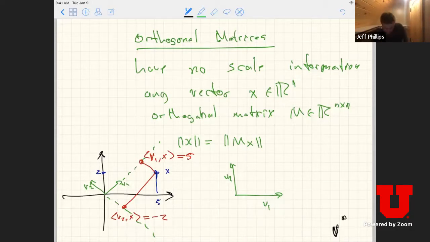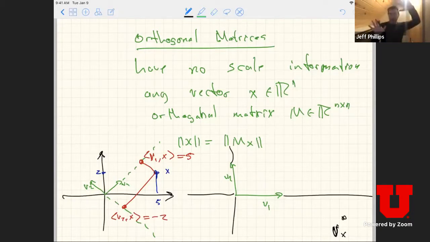So there's a new coordinate system here, and I've just written this in the new coordinate system. It's just the rotation. So that's what orthogonal matrices are doing. Think of it as a rotation of the space, although if it has some signs in there, it can be a sign flip as well in addition to a rotation.